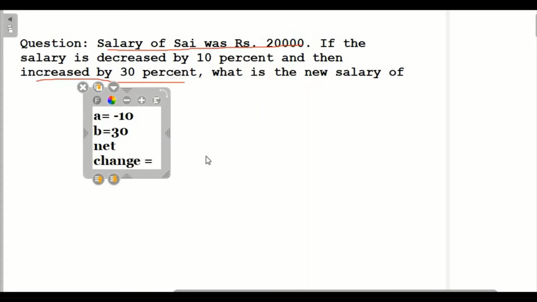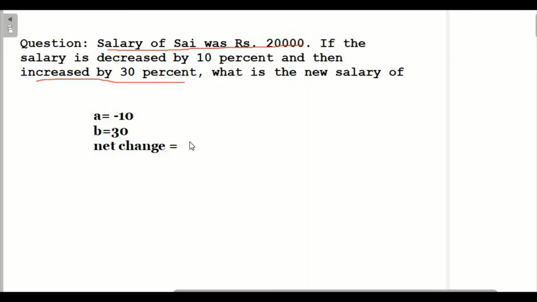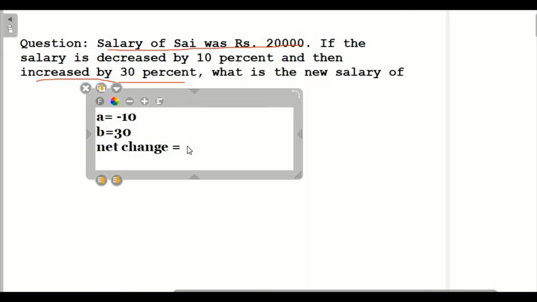So we have to calculate the net change of the percentage. Net change equals minus 10 plus 30 plus, minus 10 into B, that is 30, divided by 100.